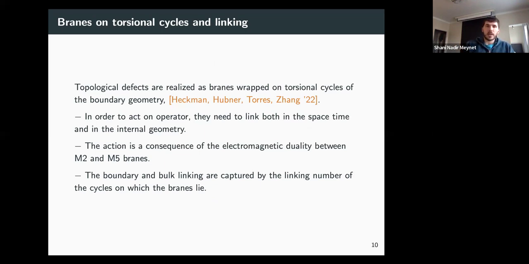This question was discussed in a paper by Apruzzi, Bonetti, Gould, Schafer-Nameki, where they proposed that the action of the symmetry on lines goes through linking. This is the same as in quantum field theory. When you have a particle in your spacetime, you surround it with a codimension-1 sphere, and this is the action of a regular symmetry on your point-like particle.